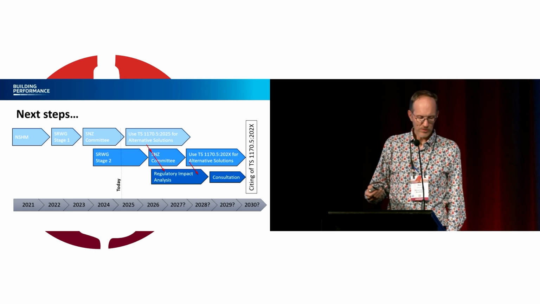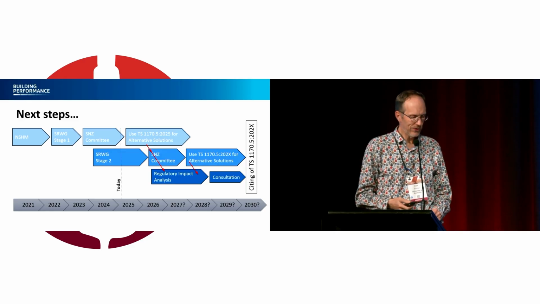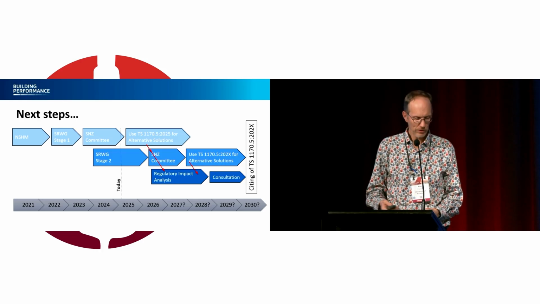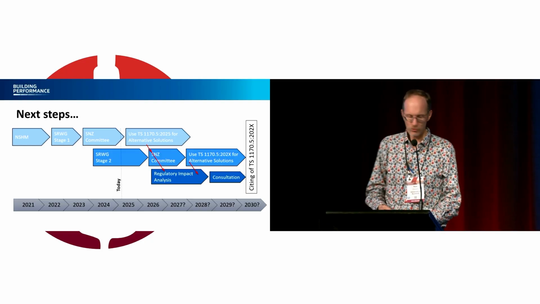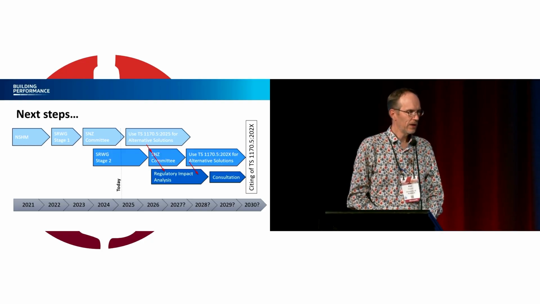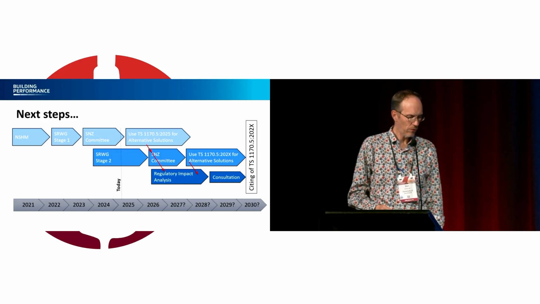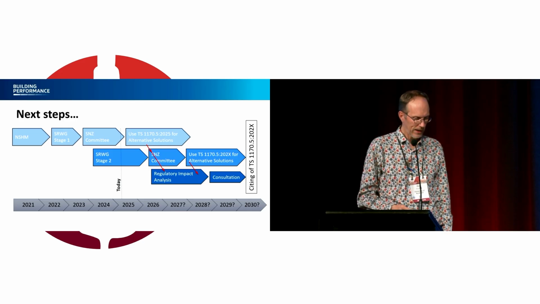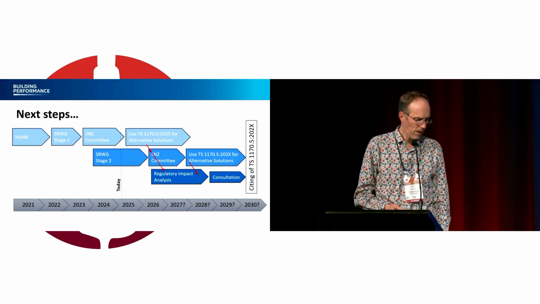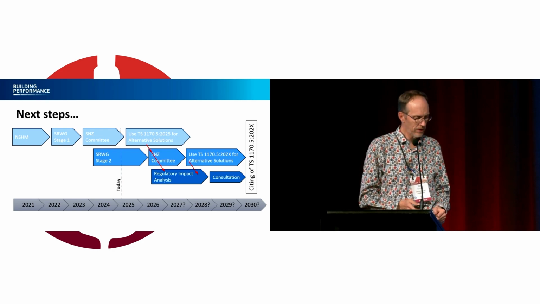And this issuing of the TS for use as alternative solutions is very useful for us to inform that regulatory impact analysis. So we really know that we've got the right document when it goes to actually citing this in B1 VM1. So those are the next steps ahead for this document.